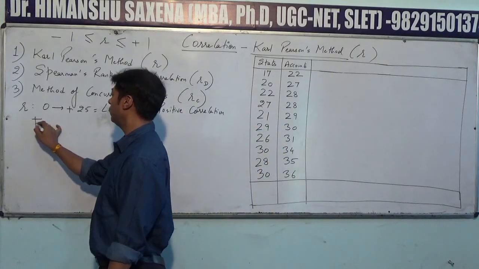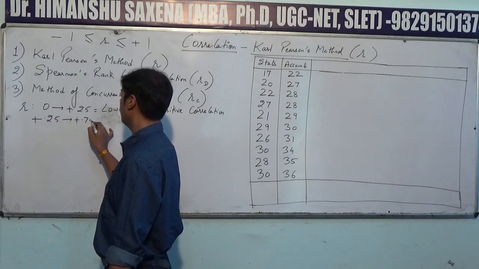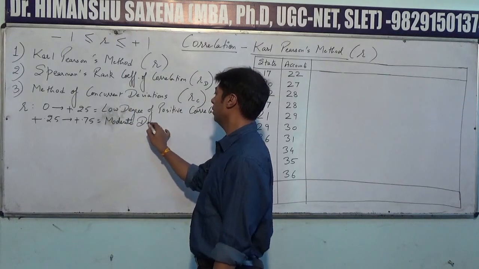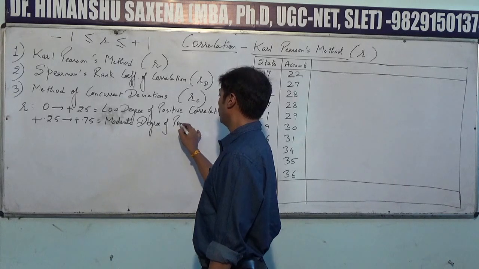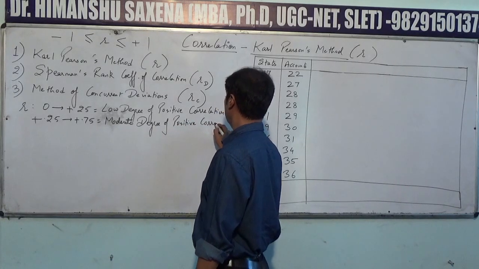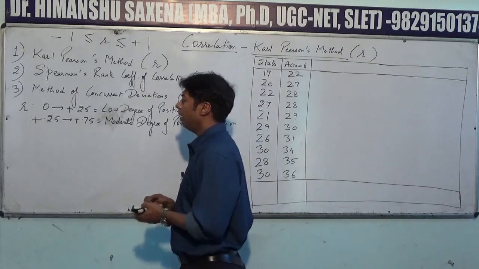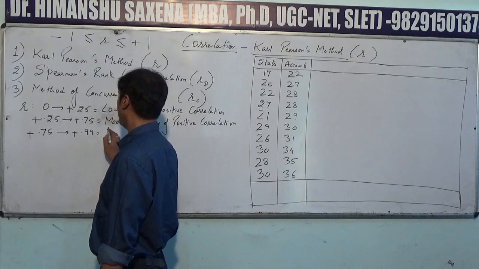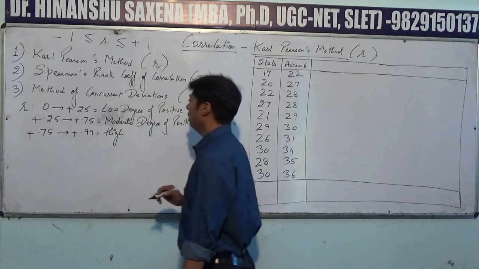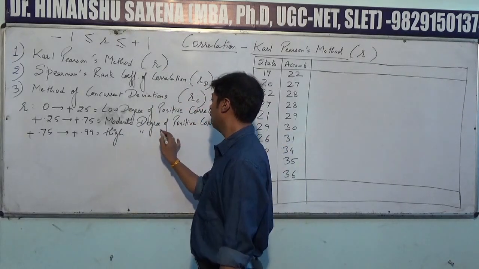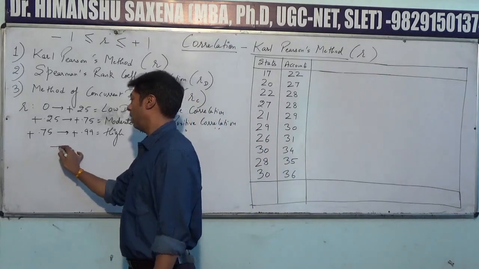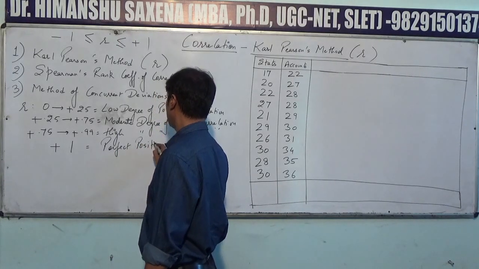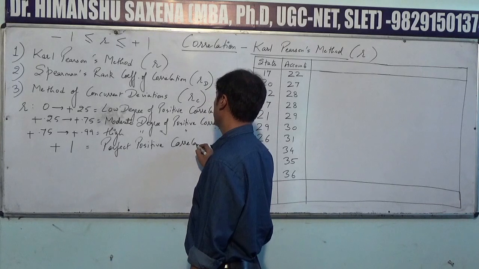If the value lies between 0.25 to 0.75, we can say there is a moderate degree of positive correlation. If the value of R is lying between 0.75 to +0.99, we can say there is a high degree of positive correlation, and if the value is +1, that simply means that there is a perfect positive correlation.